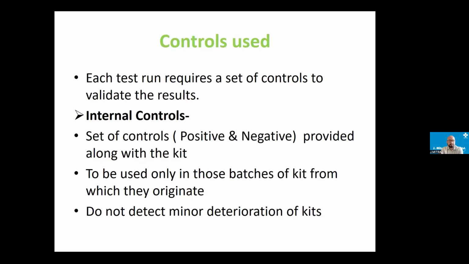The protocol we follow in our institute is that we run our samples in both CLIA and NAT. We use NAT in case CLIA misses some samples in the window period; there is a chance NAT could detect it.